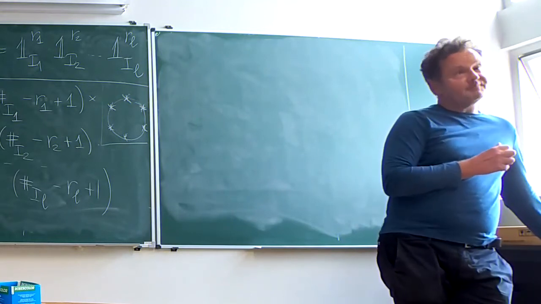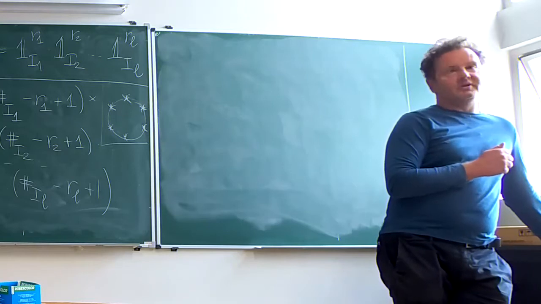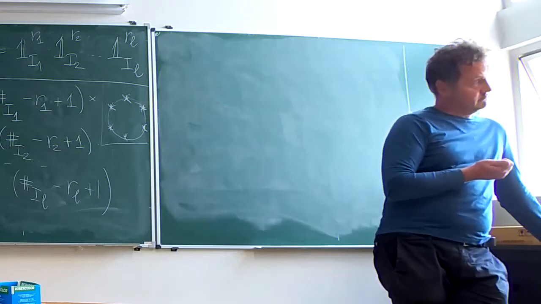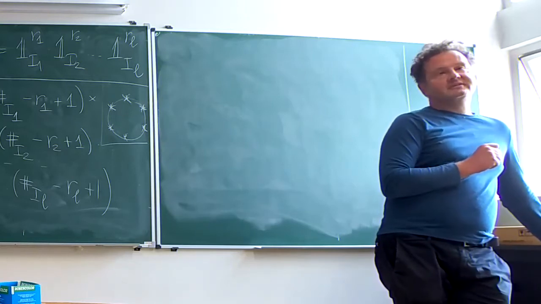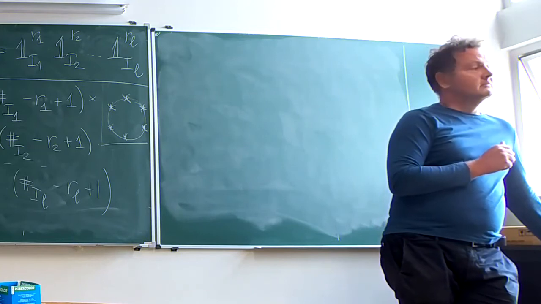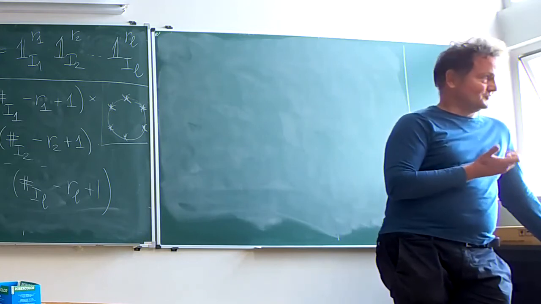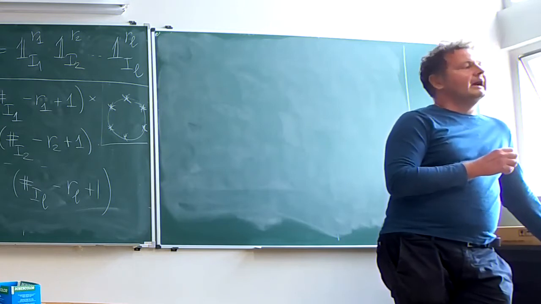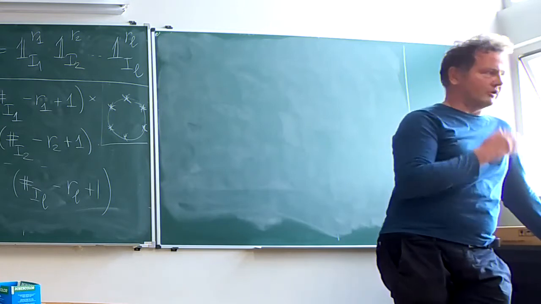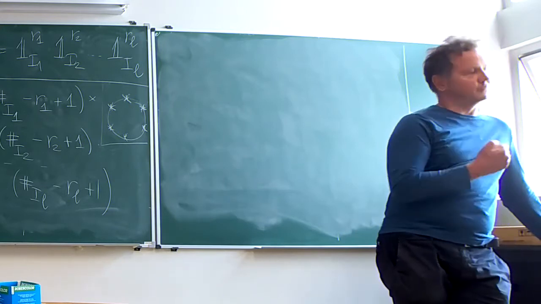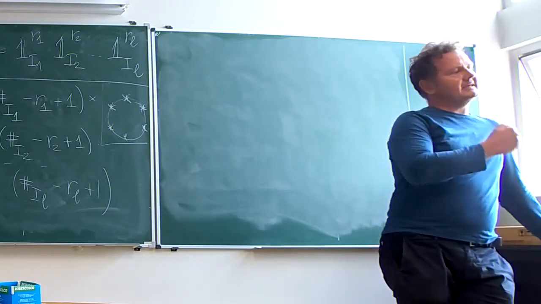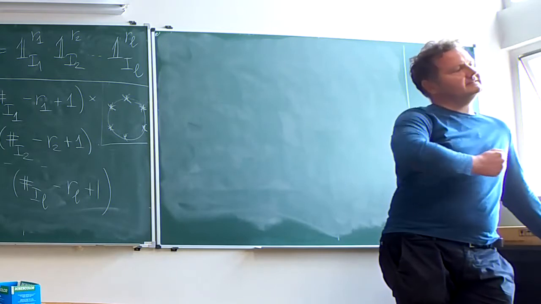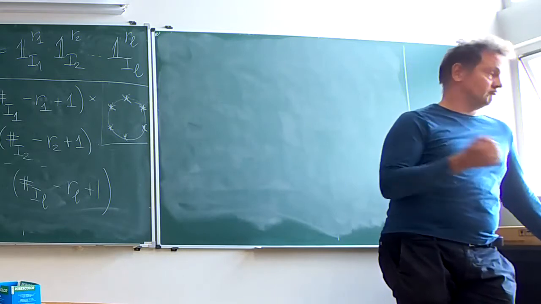Now it will be very clear that a Fourier polynomial of degree n-1, if it has n zeros, then it is identically zero. There is no secret.